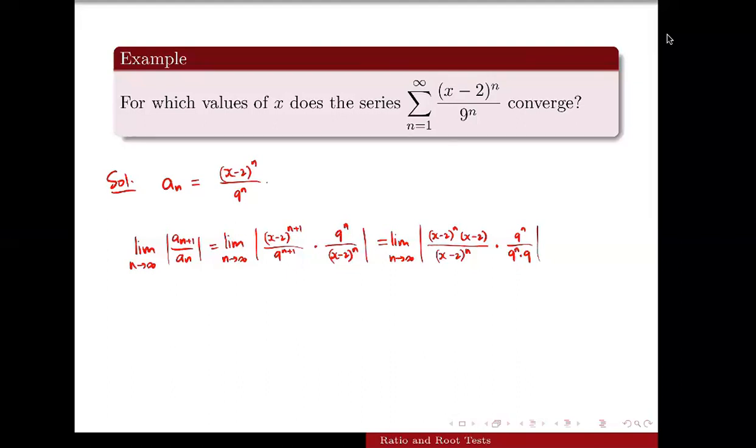So notice, this will cancel this. This guy will cancel this guy. So you will have the limit as n approaches plus infinity of the absolute value of (x minus 2) over 9.